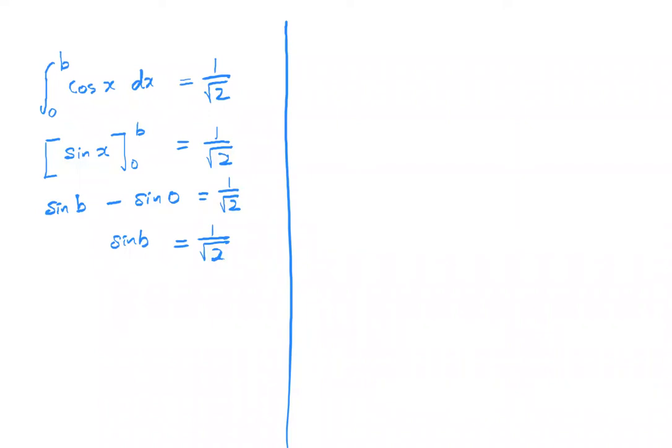So what we do is we don't care about the sign. Acute angle, usually I use A to represent it. So it will be the sin inverse of 1 over root 2.